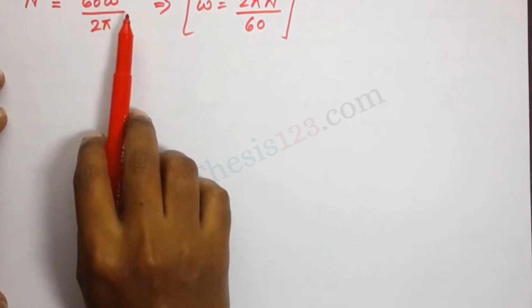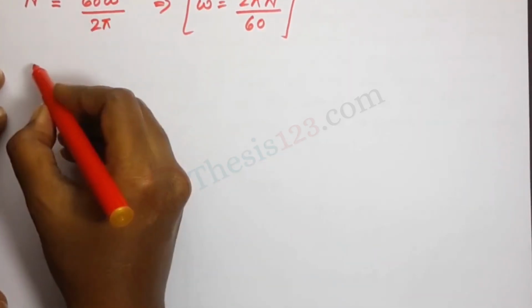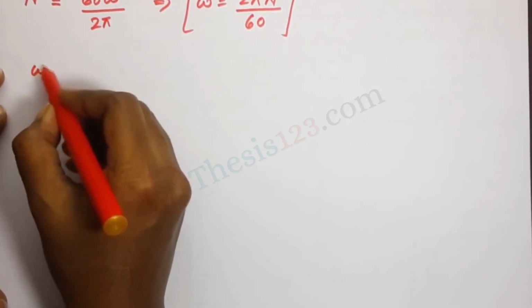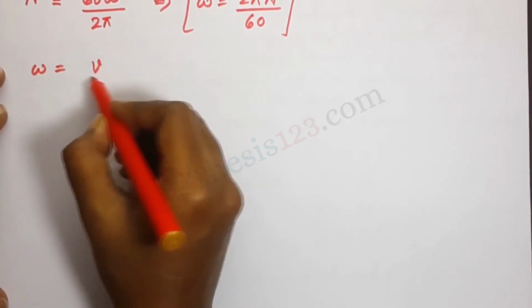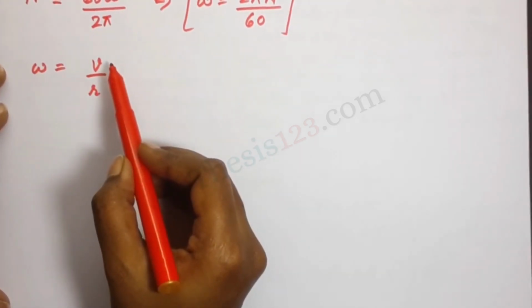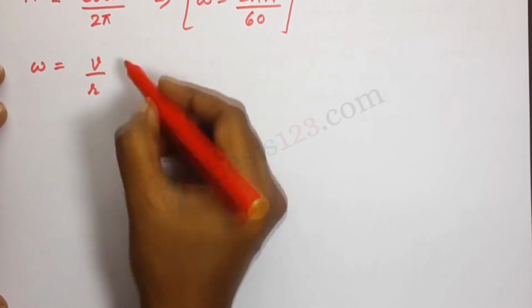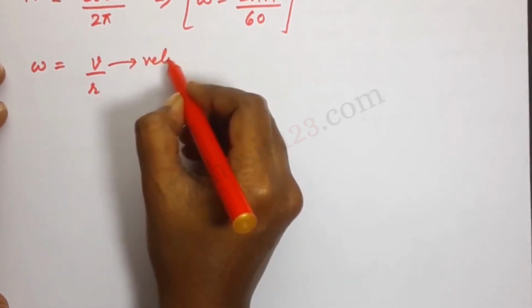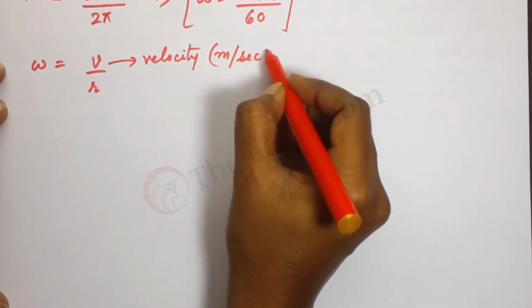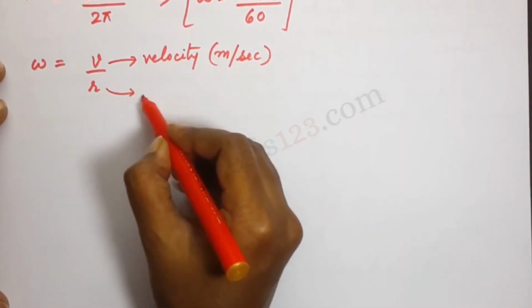But we need what omega is. So omega can be found from this expression. Omega is equal to V by R, where V is the velocity in meter per second and R is the radius of the path.